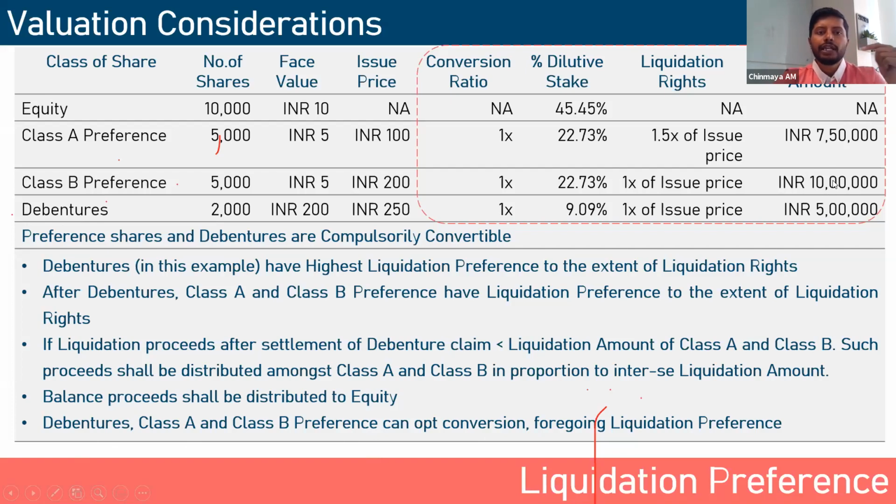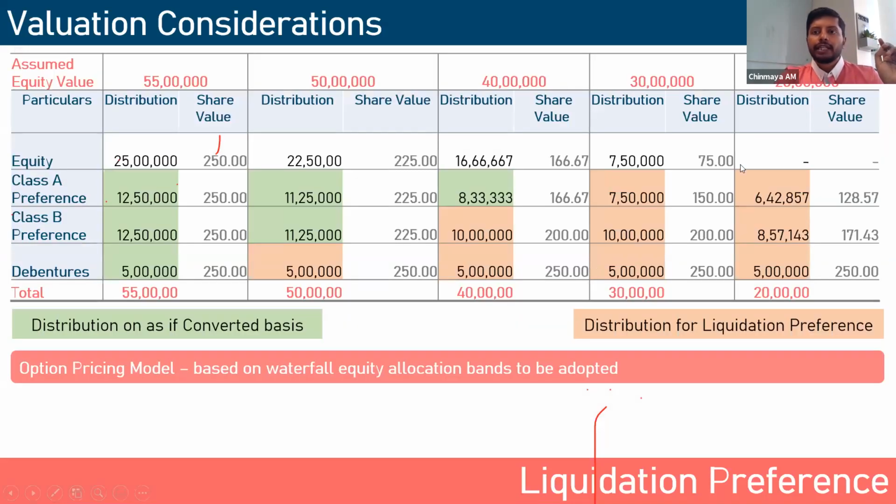If they feel that by converting they have the possibility to earn more than 10 lakhs in case of Class B, then they will lose out the liquidation preference and all the rights, and just become equity shareholders. If they don't feel they'll get more than 10 lakhs, Class B will not convert. He will take whatever comes up to 10 lakh. That's the fundamental understanding. Now let us see from right side to left side.